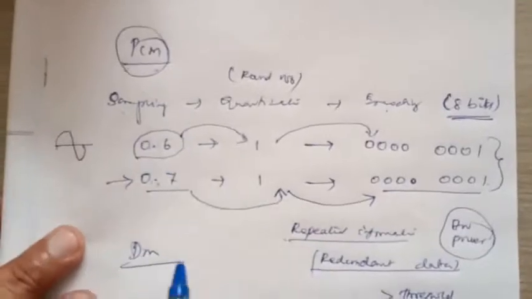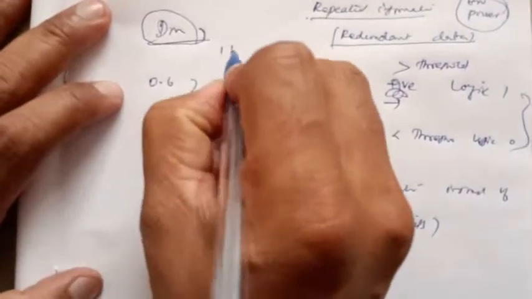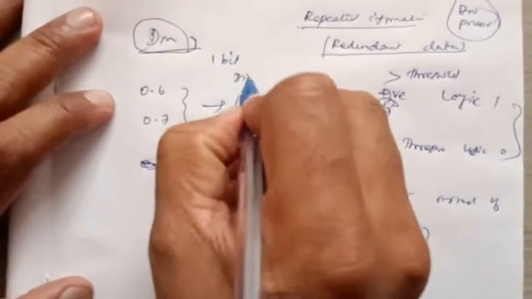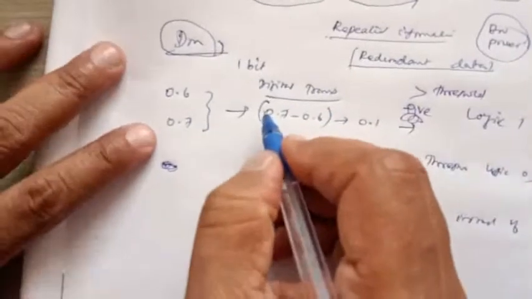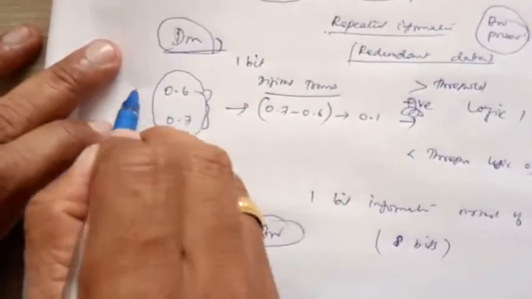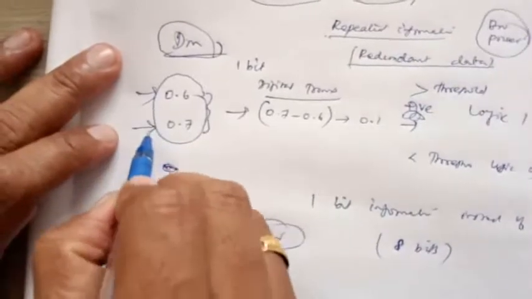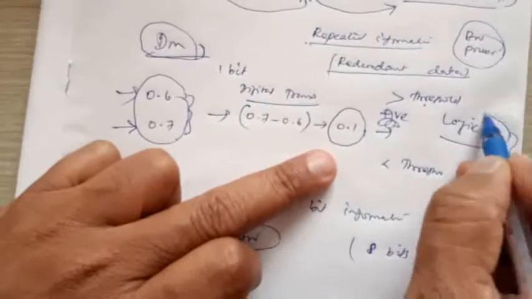To overcome this, we go for delta modulation, which is 1-bit digital transmission. Here we compare the adjacent samples. The first sample value is 0.6 and the next sample value is 0.7. If the difference is greater than the threshold, we transmit logic 1.